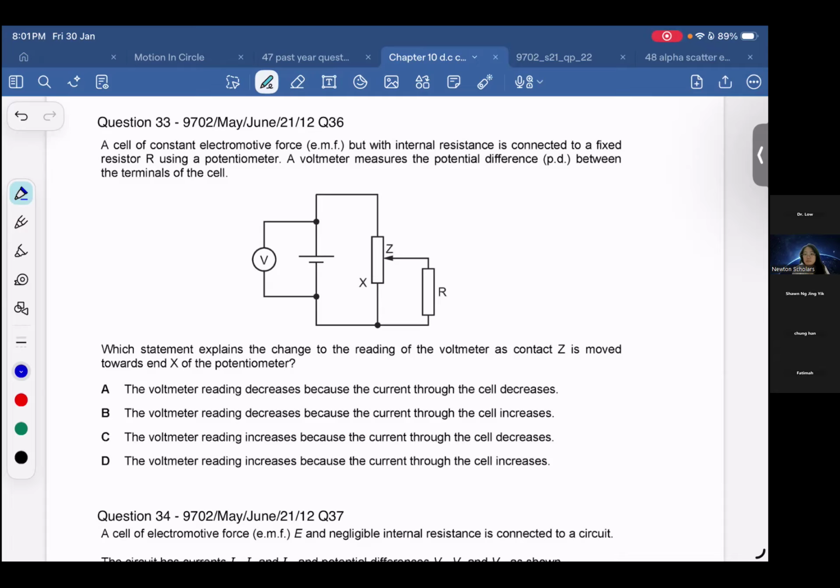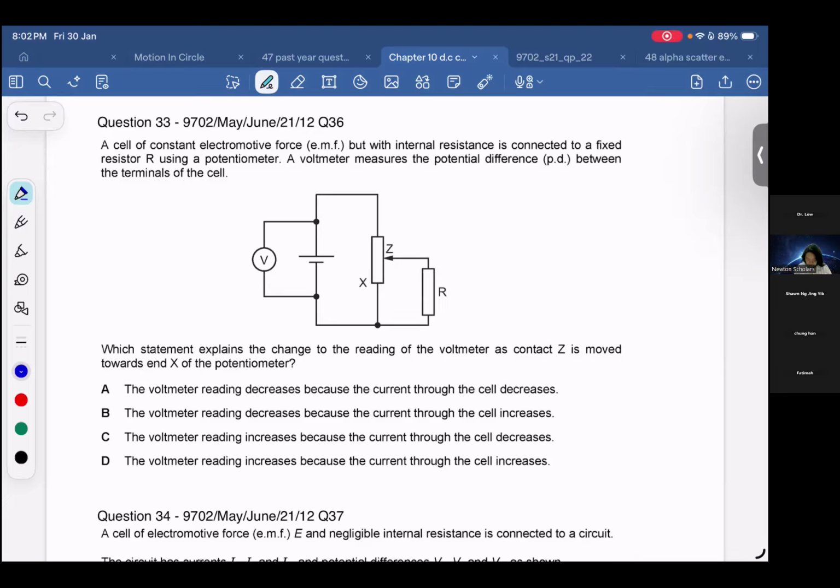Fatima correct. Okay, boys and girls, for this question, a cell of EMF E and internal resistance r is connected to a fixed resistor R. A voltmeter measures the potential difference between the terminals of the cell.